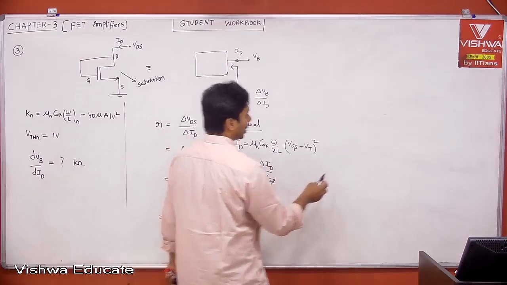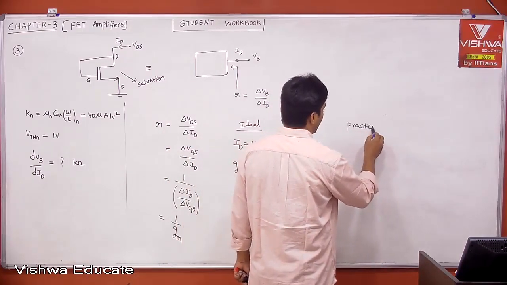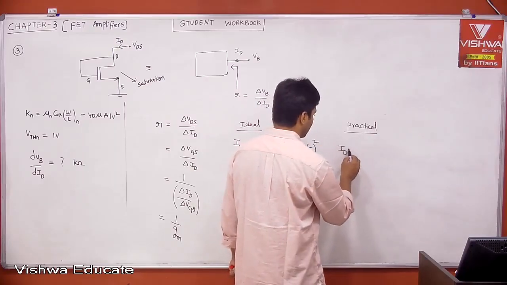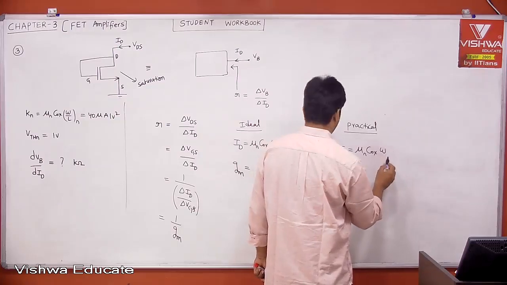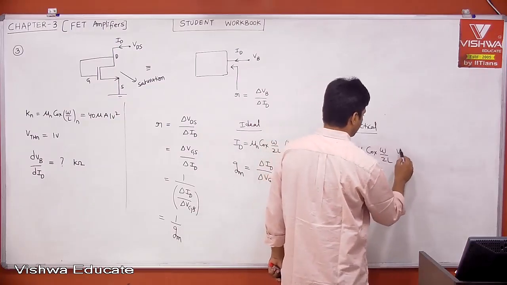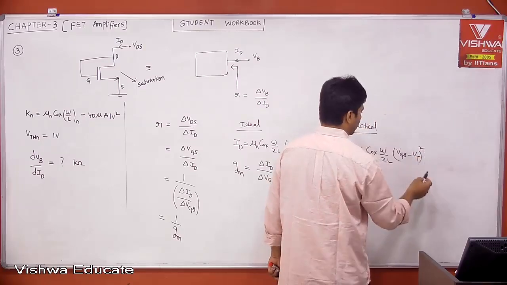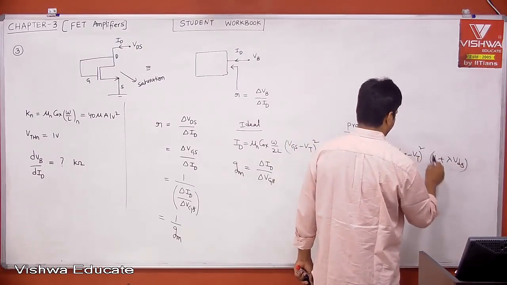But if you take the practical case, considering channel length modulation, ID is mu n C ox W by 2L into VGS minus VT whole square into 1 plus lambda into VDS.